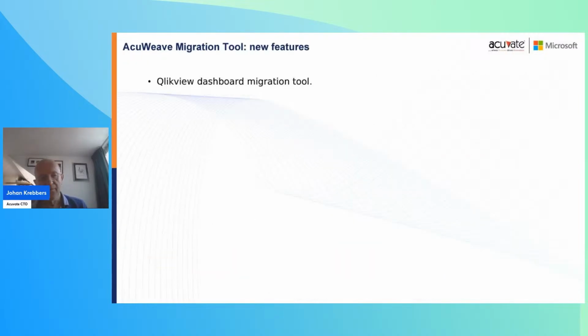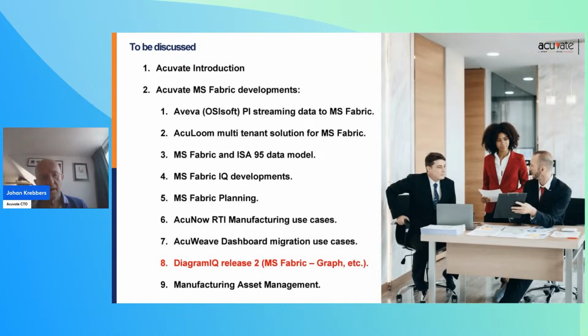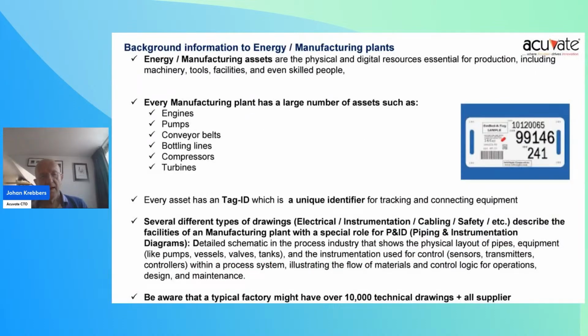We have DAMRQ. If you're an asset owner, your assets mean you got pumps, you got maybe engines, conveyor belts, you name it. Each of these assets has an identifier, a tag ID, and the tag ID might have a unique number of the device.